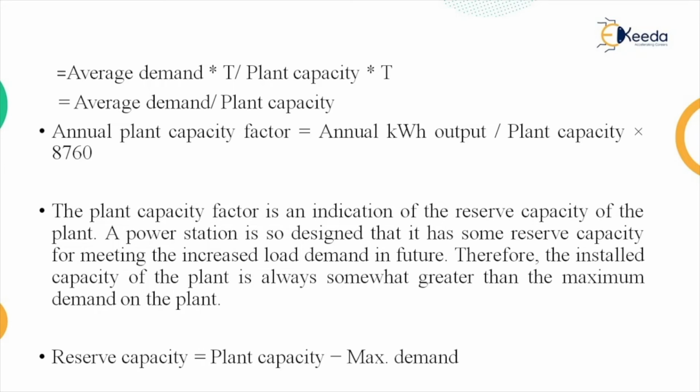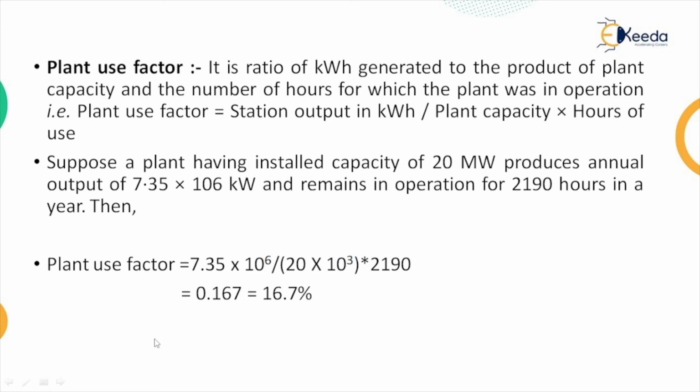So the plant will be designed in such a way that its installed capacity is greater than the maximum demand. So reserve capacity is equal to plant capacity minus maximum demand. Let us say 250 megawatt is the plant capacity and the maximum demand is 200 megawatt, then the reserve capacity is 50 megawatt.